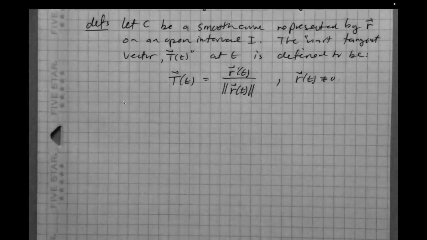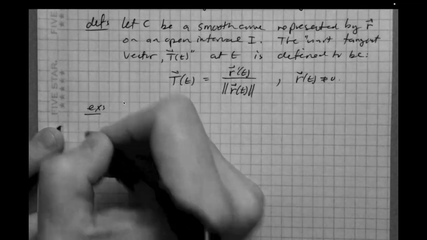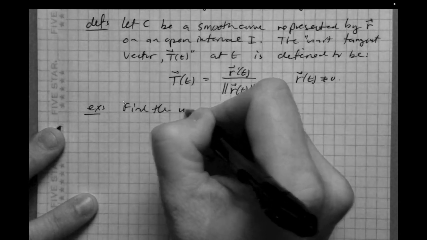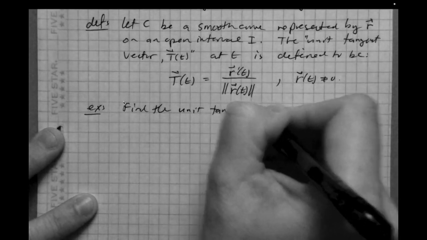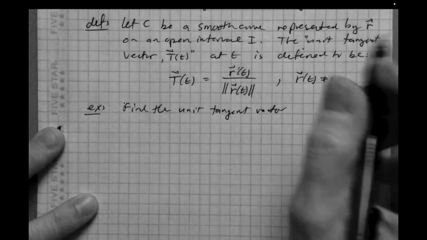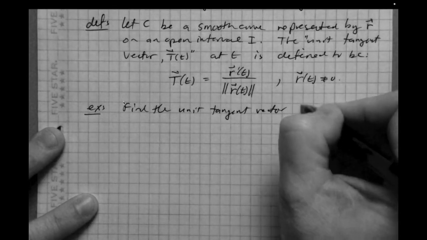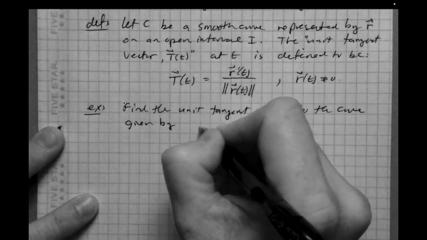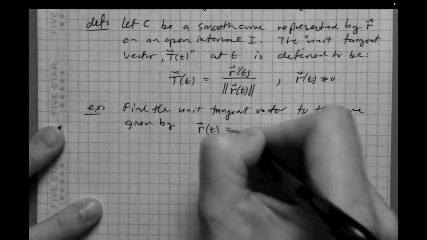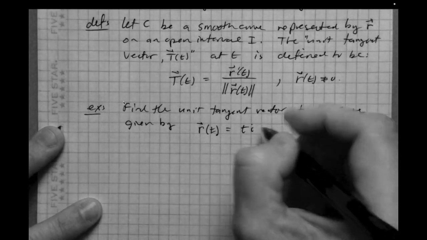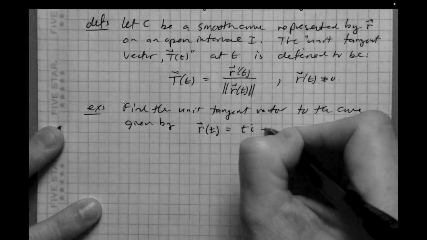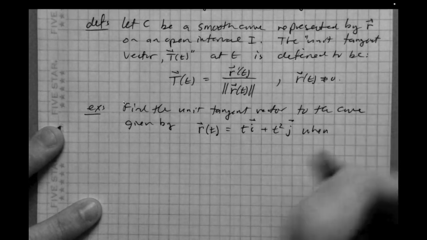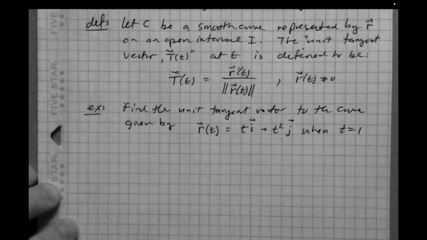We want to find the unit tangent vector to the curve given by the vector-valued function r of t equals t times i plus t squared times j. Specifically, we're interested in the unit tangent vector when t is equal to 1.